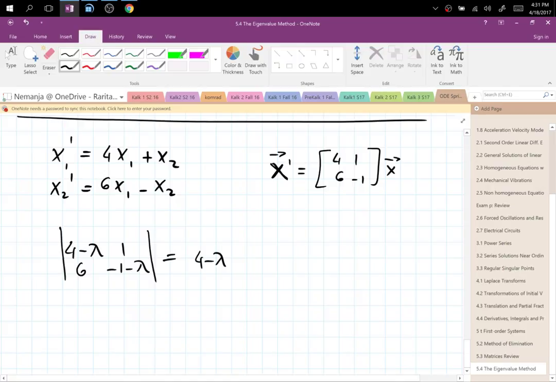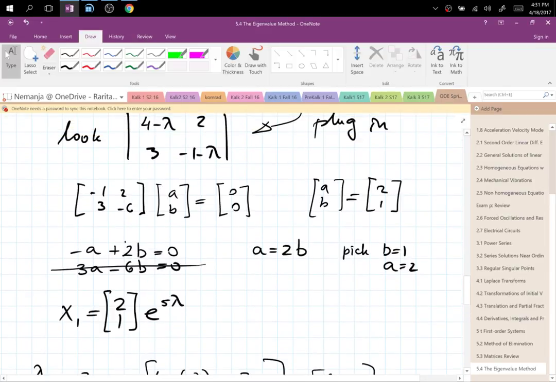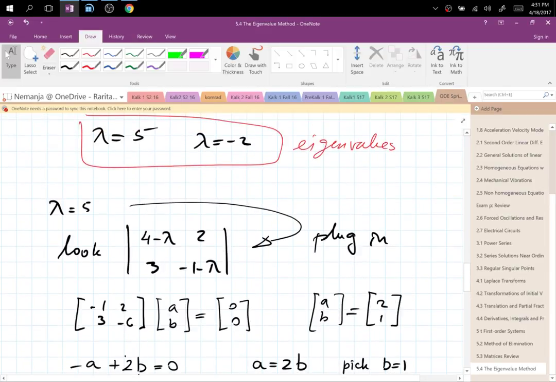So it's 4 minus lambda times negative 1 minus lambda minus 6. So when you factor it, it'll be like the same thing as the last problem, but if you're doing the matrix thing, it comes out to be different. Oh, the eigenvectors? Yeah. Oh yes, because we had 2 and 3. Okay, fine. But still it's way too close to the previous example. All right, so I'm just going to steal the previous answers so I don't have to grind through this.